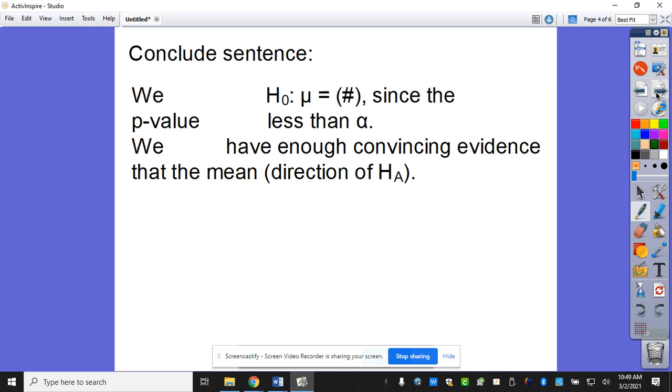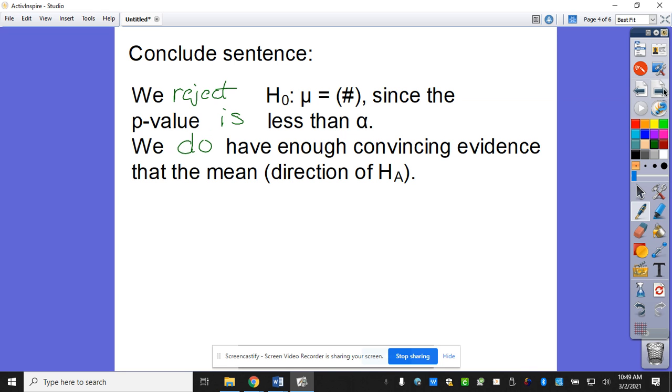So I'm going to go through this whole thing with reject. If we do reject the null hypothesis, that means the p-value is less than alpha, which means we do have convincing evidence that the mean is that direction. So positive connotation, positive, positive. That's why I write less than like this.